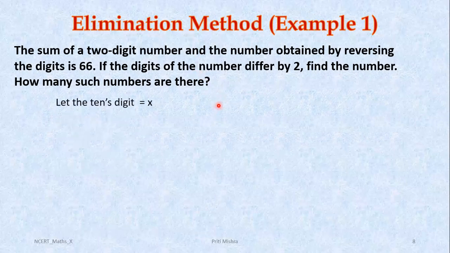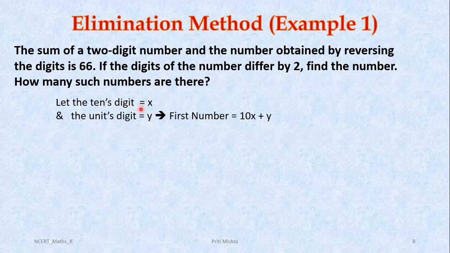So first of all, we need to suppose the tens digit for the two-digit number. Let the tens digit be x and the units digit be y. It means the number will be 10x plus y because it is a two-digit number, having a tens place and a units place.